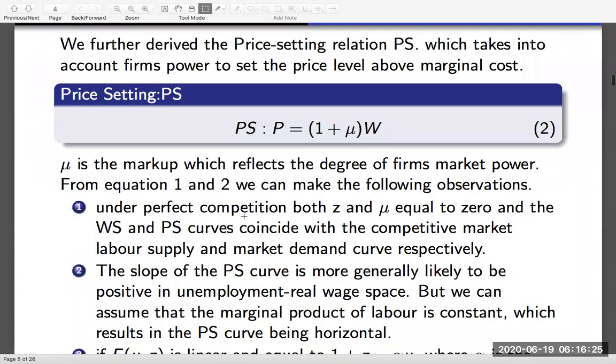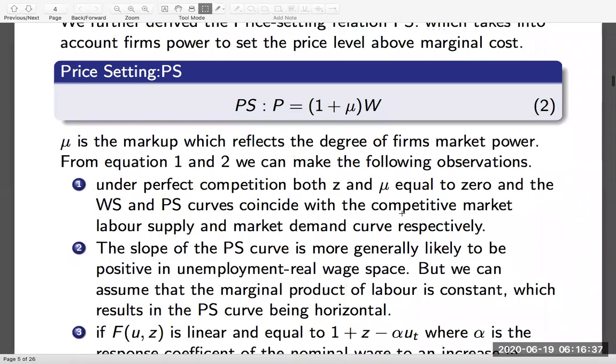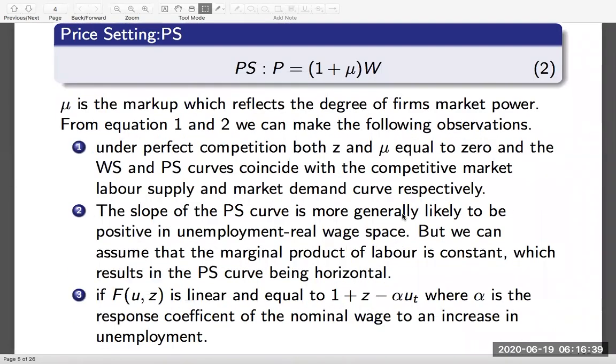From those two equations, 1 and 2, we can make the following observation. Under perfect competition, both Z and mu are equal to 0, and the wage setting and price setting curves coincide with the competitive market labor supply and labor demand curves respectively. The slope of the price setting curve is more generally likely to be positive in employment-rate wage space.